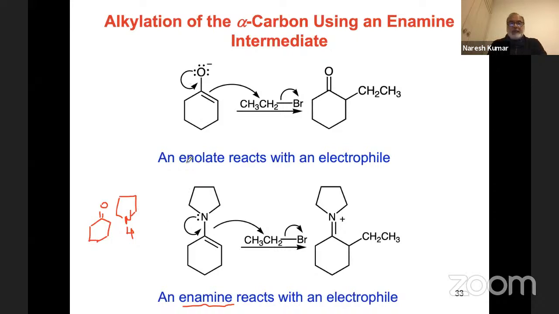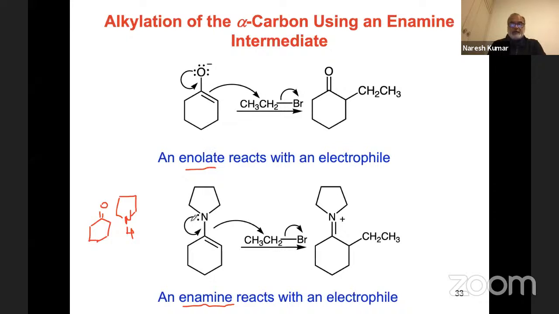And if you compare an enolate with an enamine, you can see that there are similarities. The enolate has an oxygen attached to the carbon with a negative charge. The enamine has a nitrogen attached to the double bond, and nitrogen has a pair of electrons.